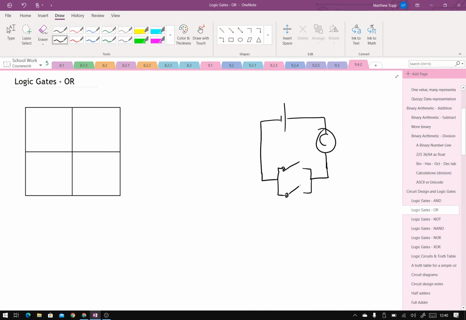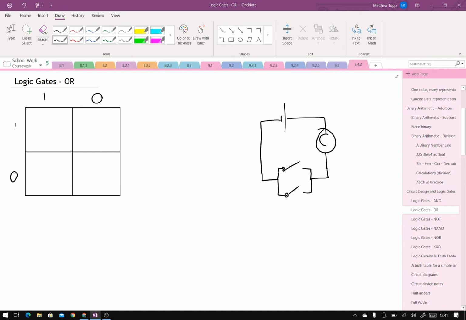Either one of those switches needs to be on. So if I can complete the circuit, the light comes on. Correct. So when I do my logic gate there, 1, 0, 1, 0, once again, inputs go around the outside, outputs go on the inside.